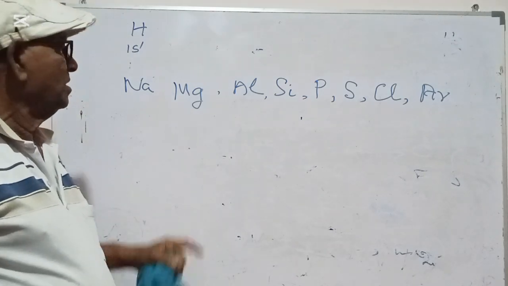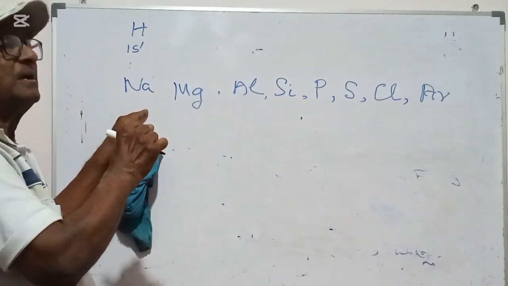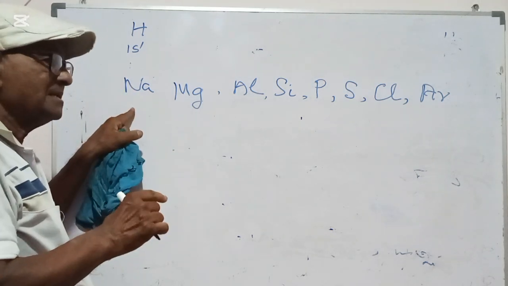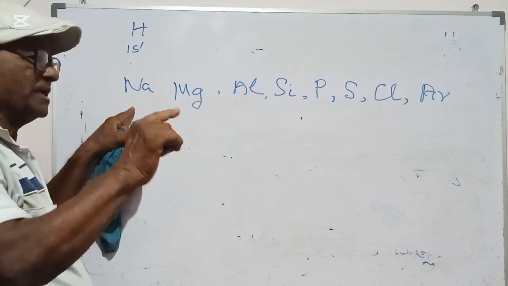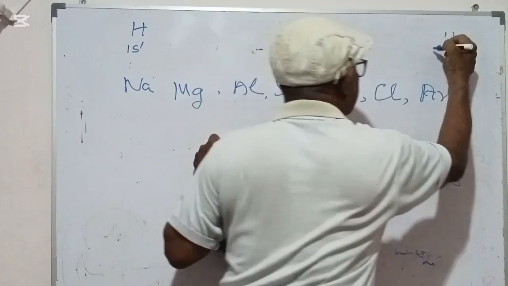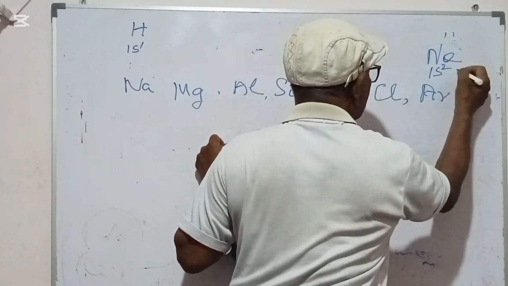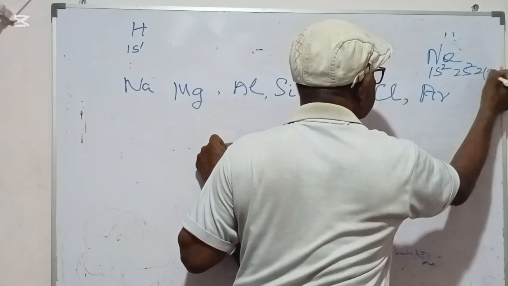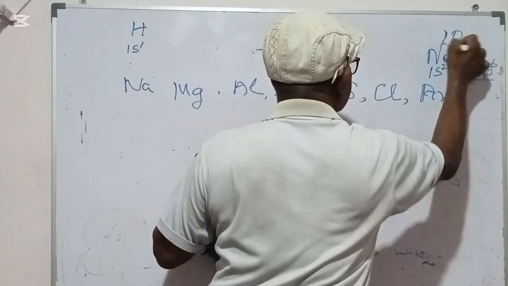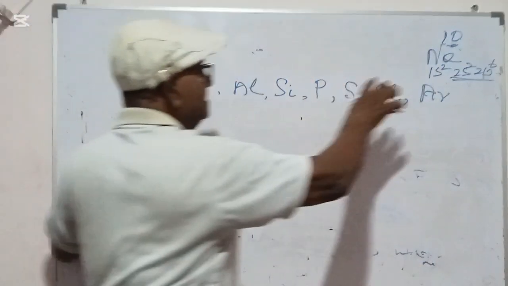Here also I write the configuration of the last energy level only. Sodium has filled 1s2, 2s2, 2p6 because it comes after neon. Neon has 1s2, 2s2, 2p6 and is the 10th element. So the 11th element, sodium, has filled this configuration.